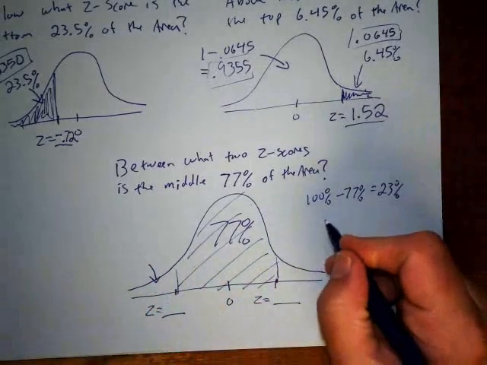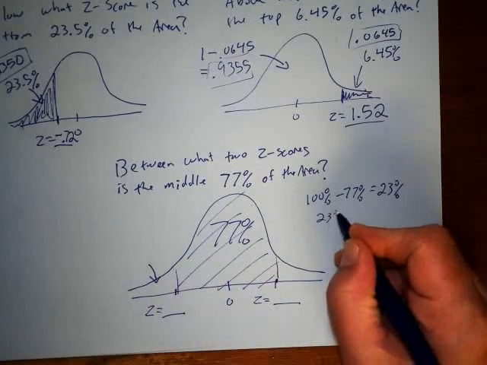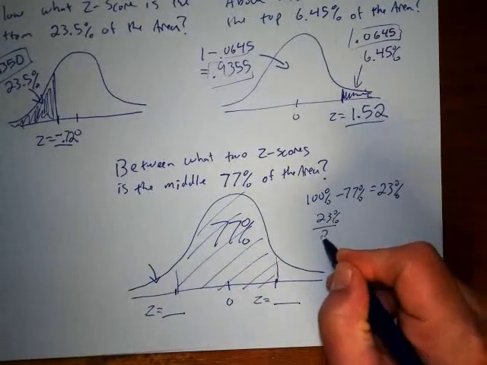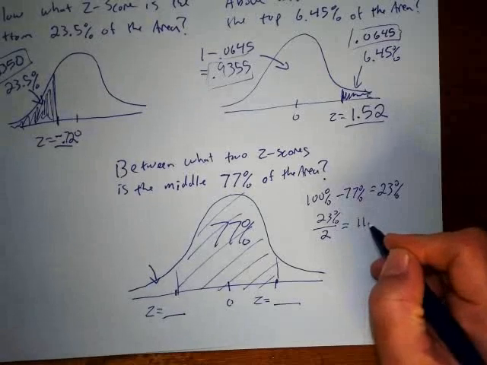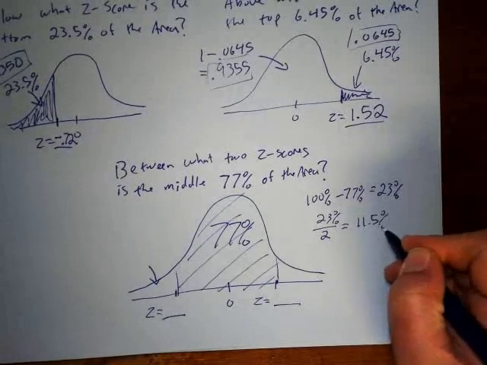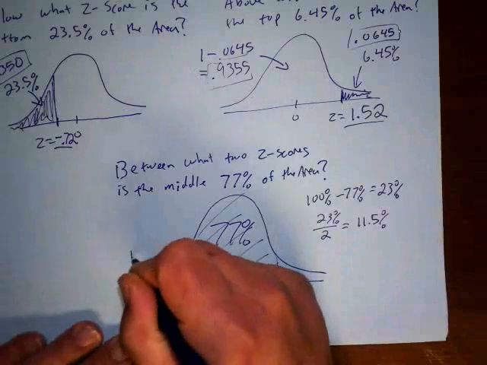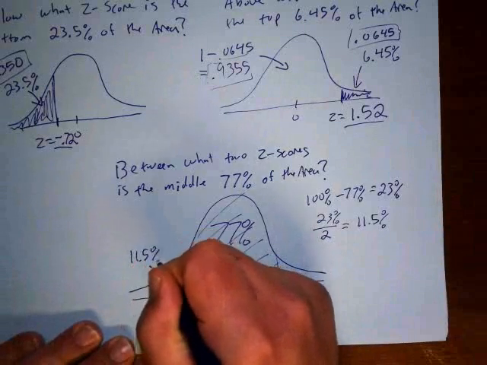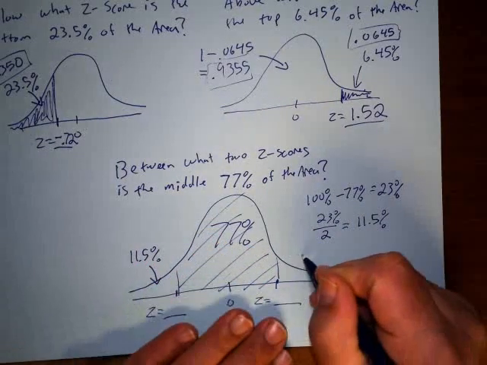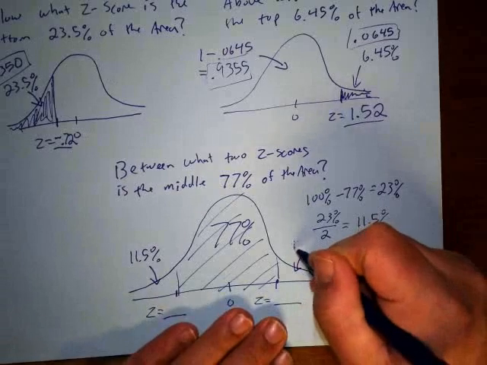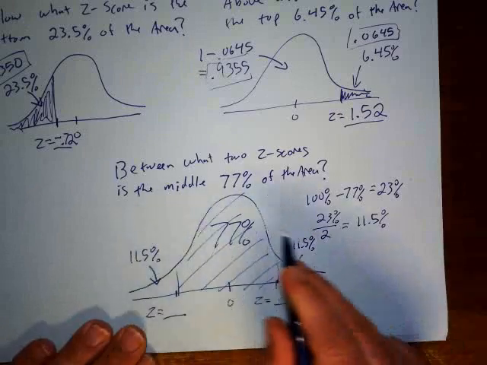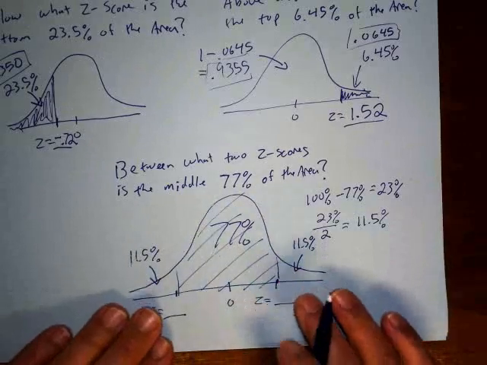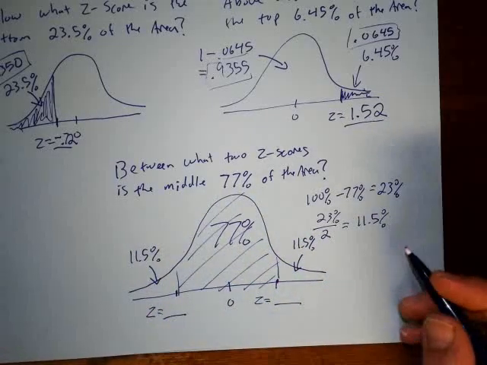It's the same on both sides. So 23% divided by 2 is 11.5%. So this down here is 11.5%, and this over here is 11.5%. And so basically you add all three of those, you get the full 100%. So you're just finding the amount of area in the tails.